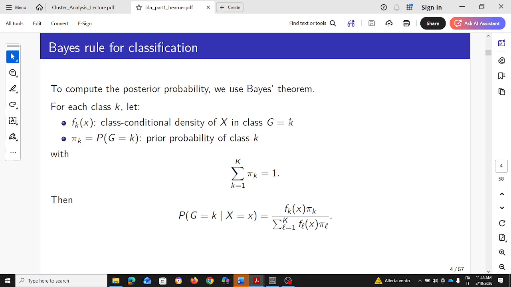Those probabilities for all the classes sum to 1. At the end it's a PDF, summing to 1.